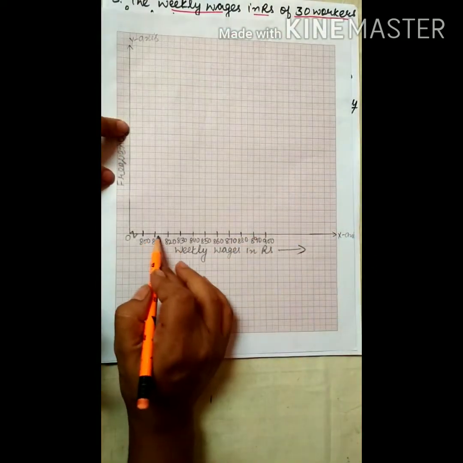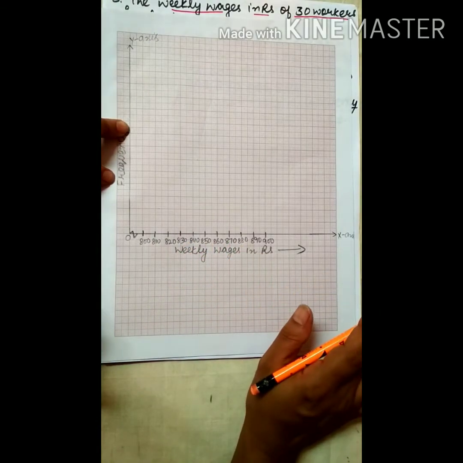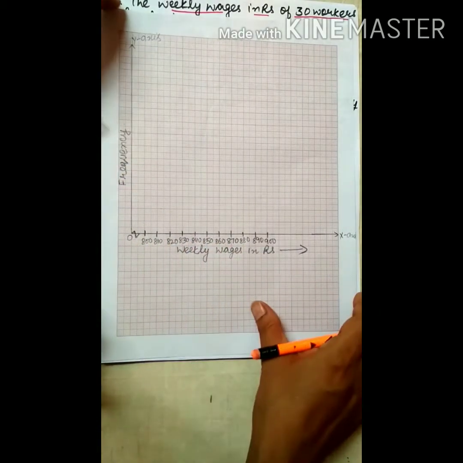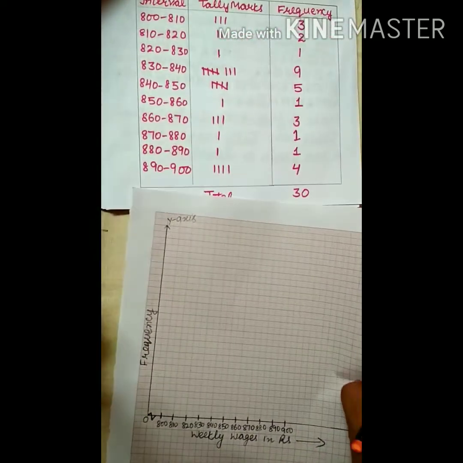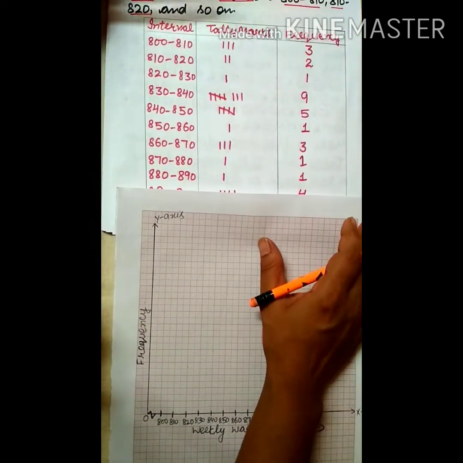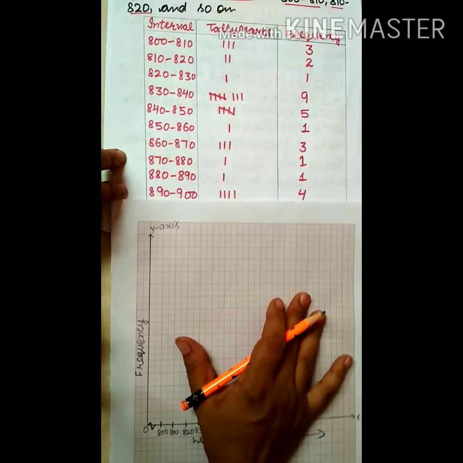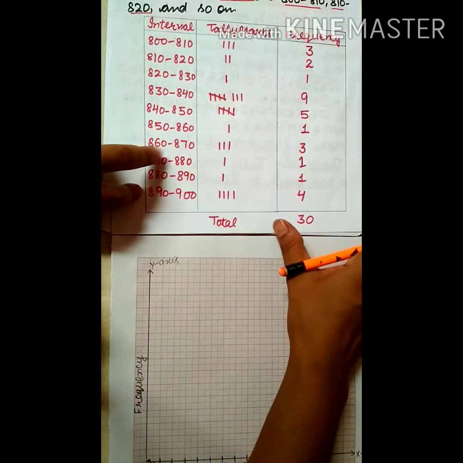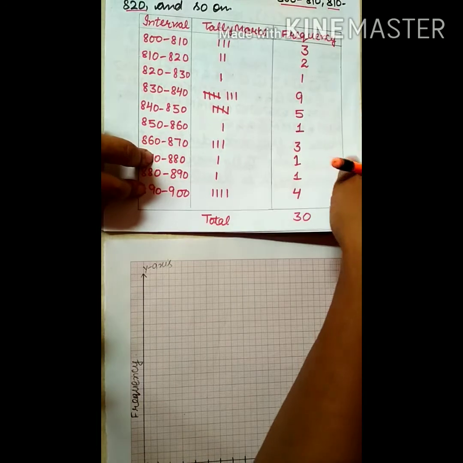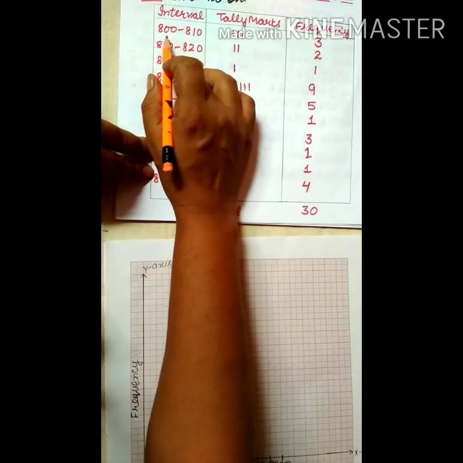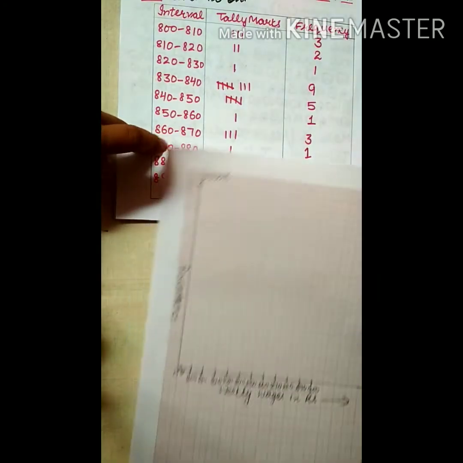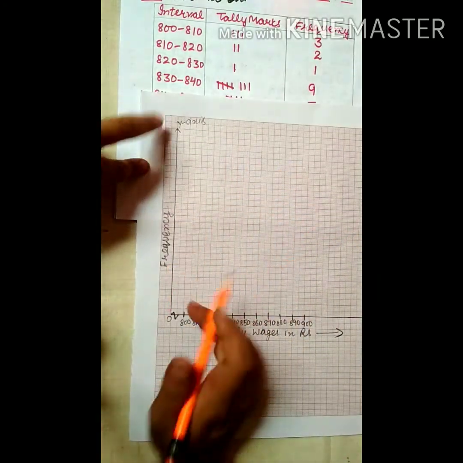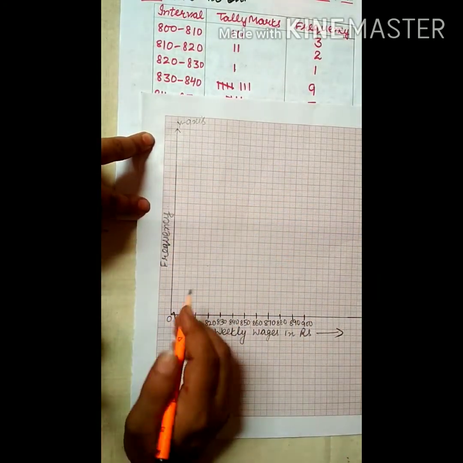Now you can see from here there is no gap between the bars. So here I will simply draw and I will see the frequency from this table which we have done in the previous question. So here I will draw the graph as it is from the question. 800 to 810, the frequency is 3. So here I will draw and firstly write down the frequency.